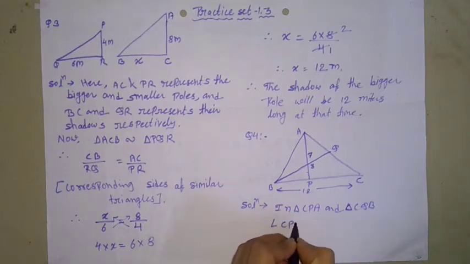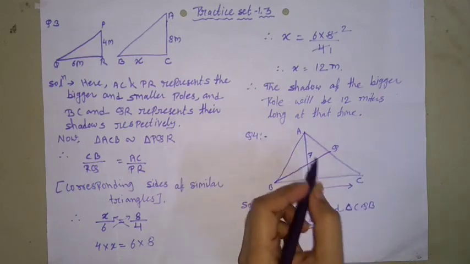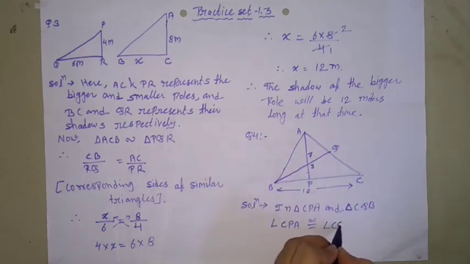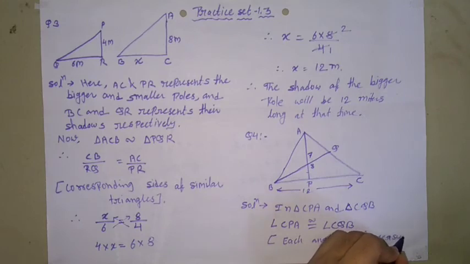angle CPA is congruent to angle CQB. CPA and CQB are congruent because each angle is of measure 90 degrees.